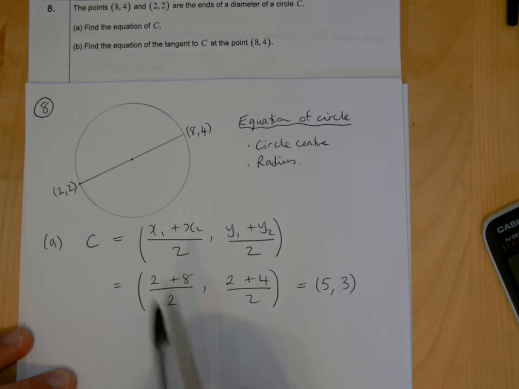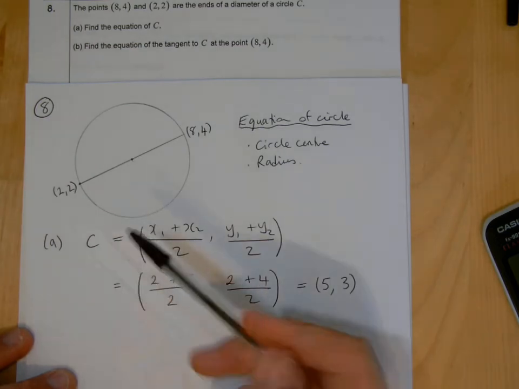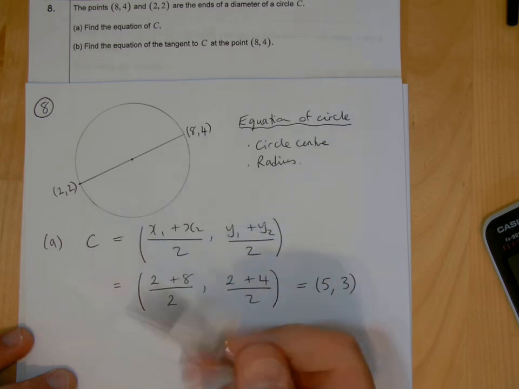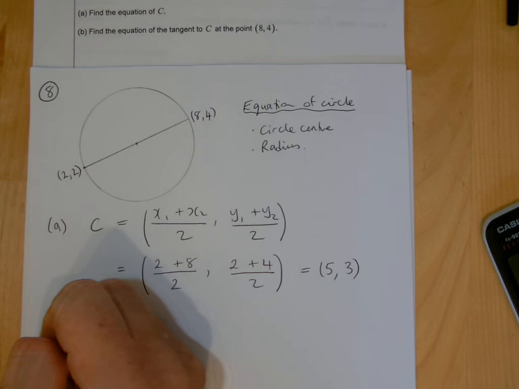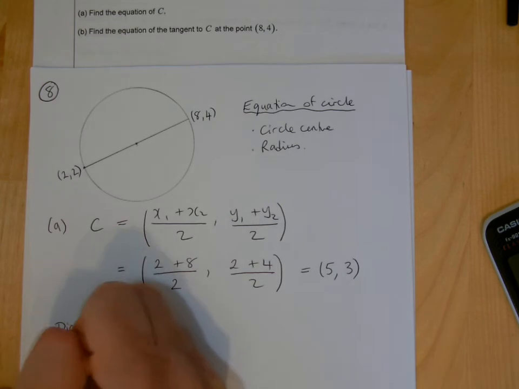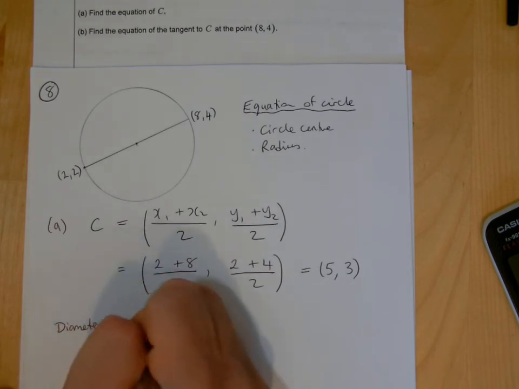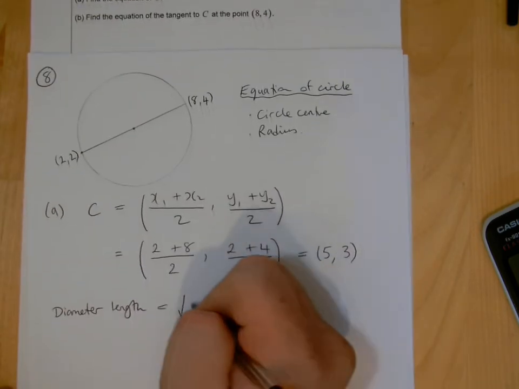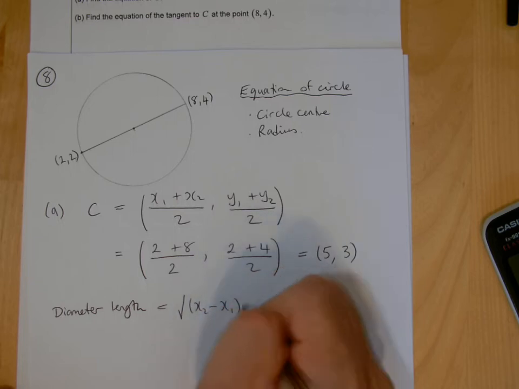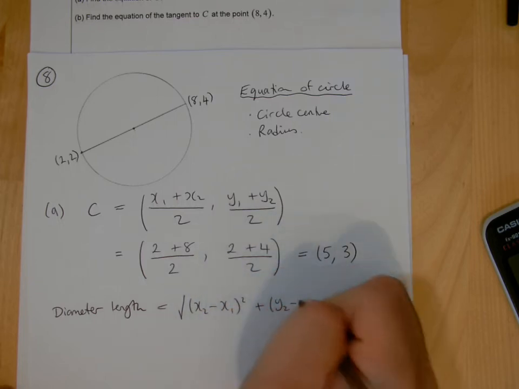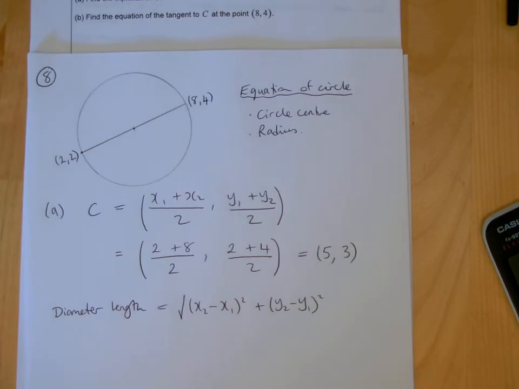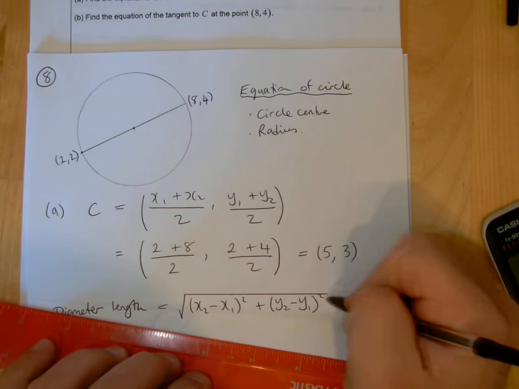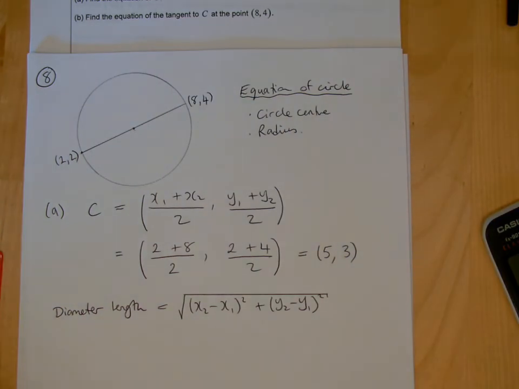So I've got the circle center. I now need the radius. The good thing is, if I work out the diameter, I can just halve it to get the radius. So if I work out the diameter length, using the other formula we learned from coordinate geometry, based on Pythagoras' theorem, you've got x2 minus x1 all squared, plus y2 minus y1 all squared.